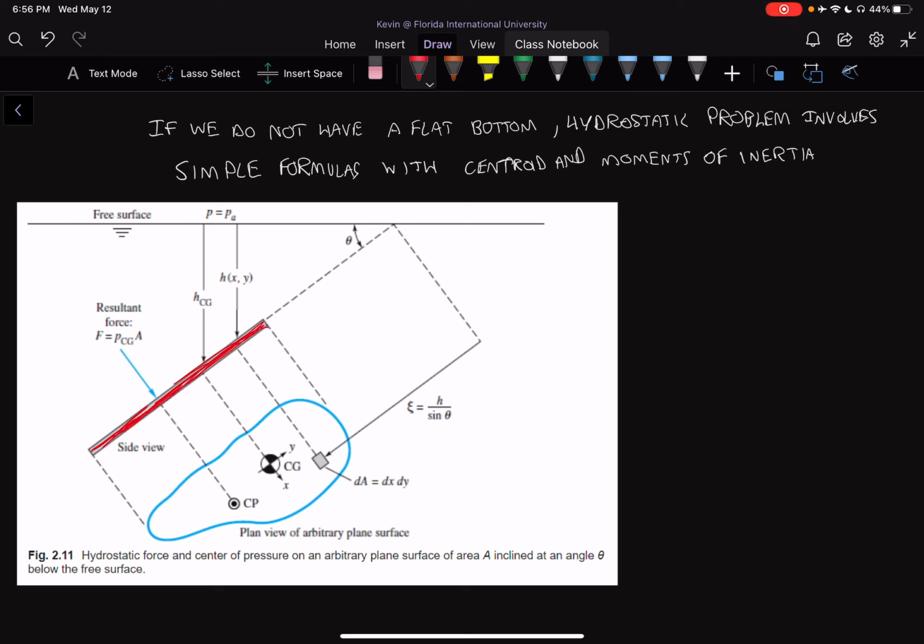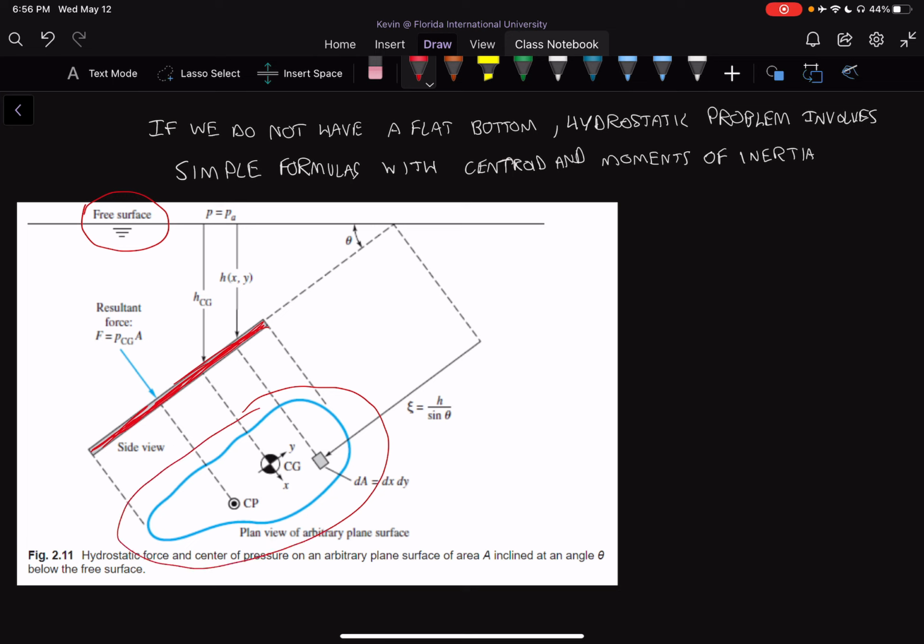Think of it like this is our free surface of the water, this is our surface height, and water is everywhere around here, pushing down on this plate. You can see the plan view of that arbitrary plane shown here below.